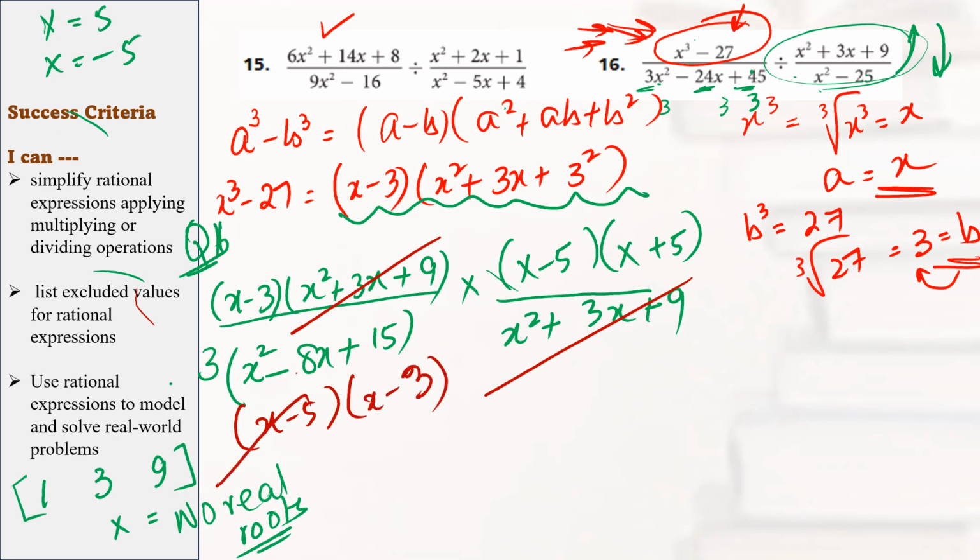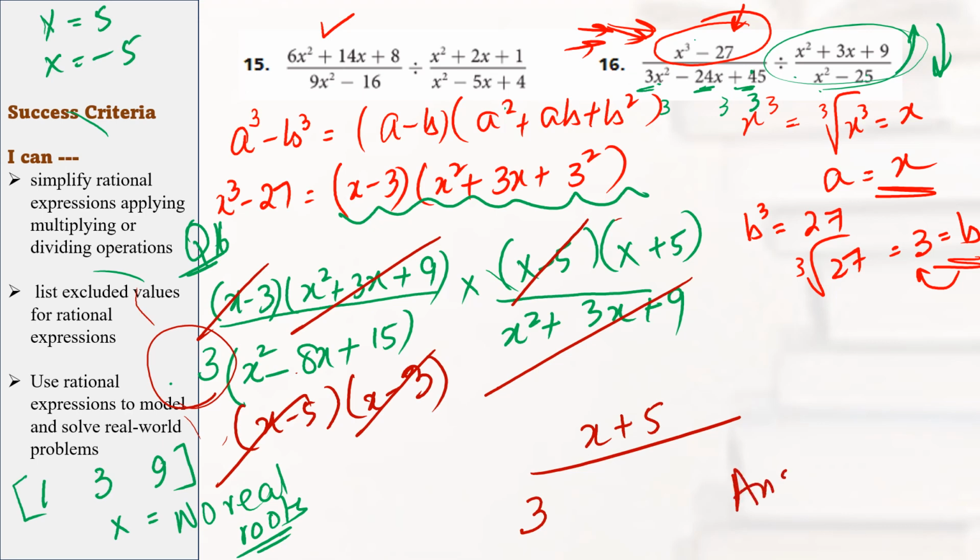Now the x minus 5 cancels with x minus 5 and x minus 3 cancels with x minus 3. So on the top only x plus 5 is left. In the denominator only 3 is left. And that is my final answer.